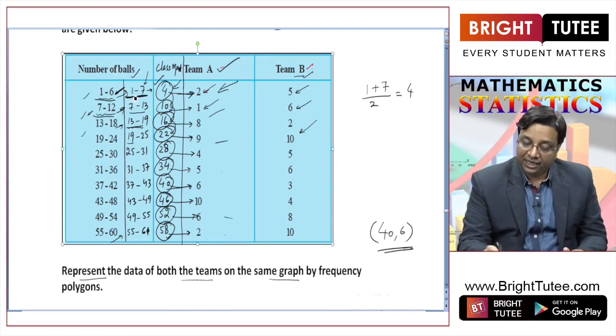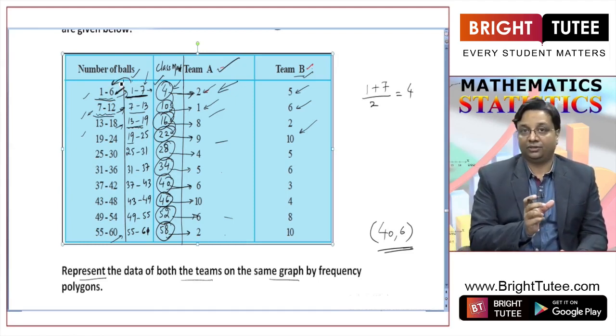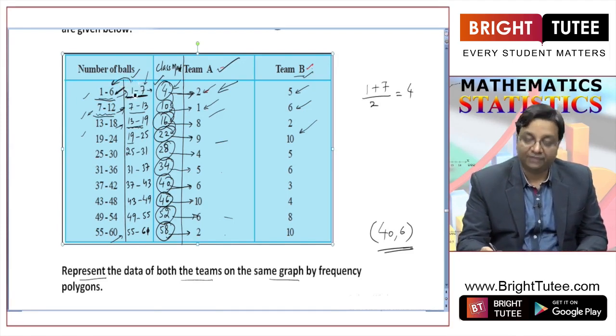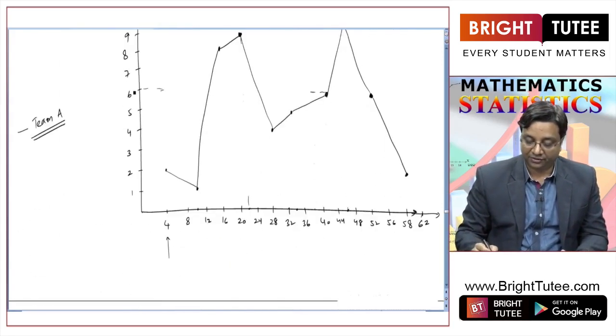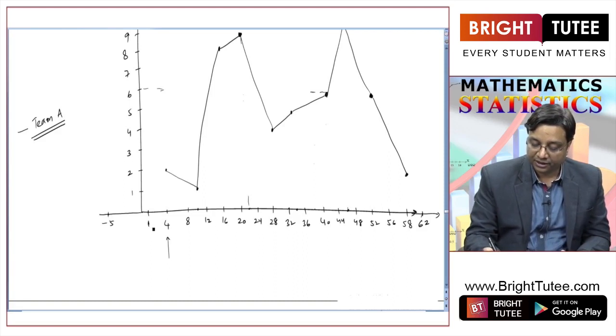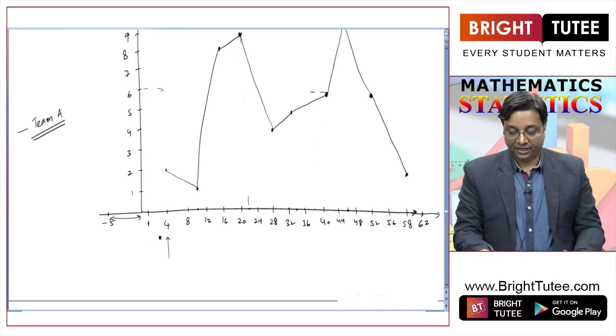So the previous class, a class before this, which may be an imaginary class because negative numbers will also be included here, will be -5 to 1. So let us say this is -5 and this is 1. So what is the class width here? It is again 6, right?